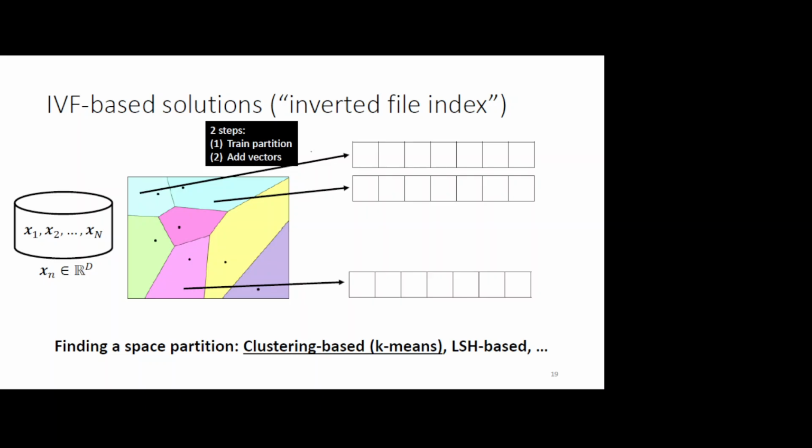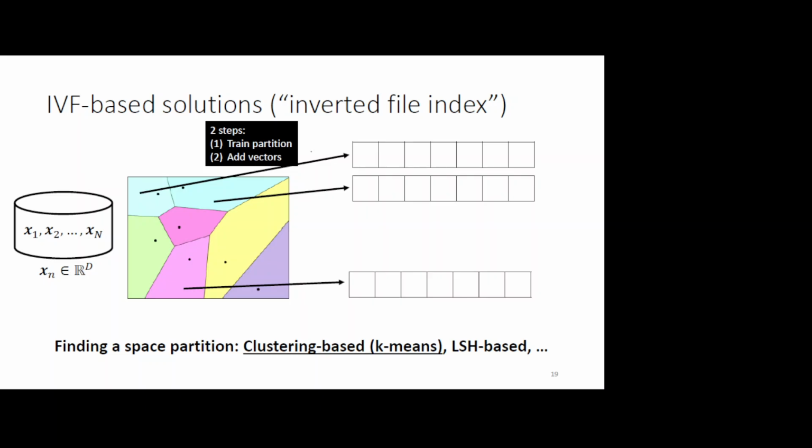Again, we use this data set, and now we try to build an inverted file-based solution called an inverted file index. It's a classical way to use the inverted file idea to build your index structure.